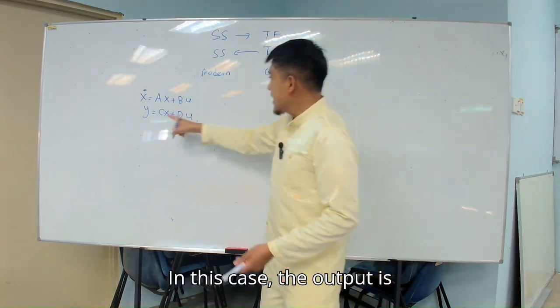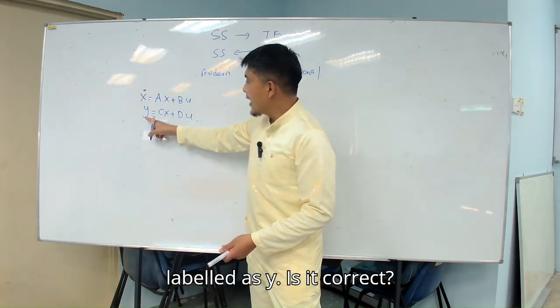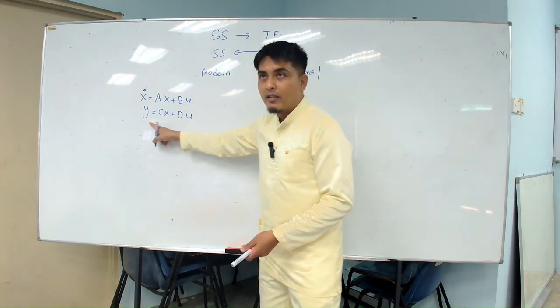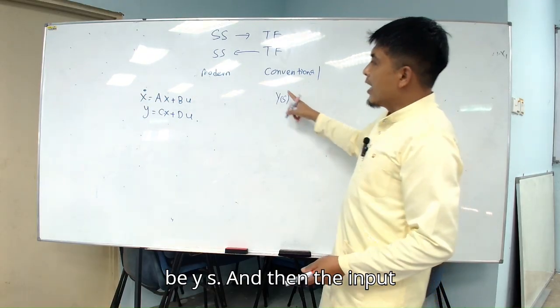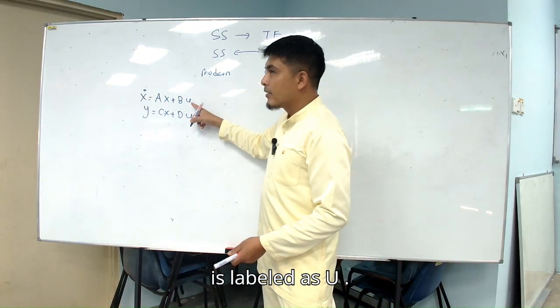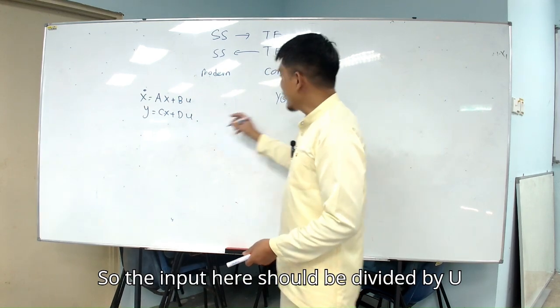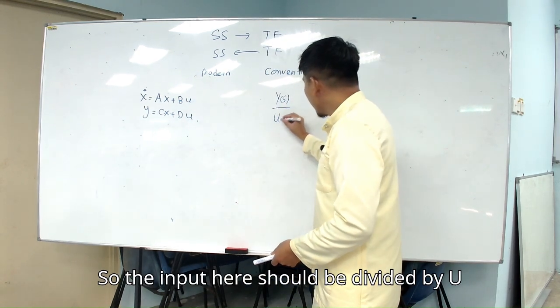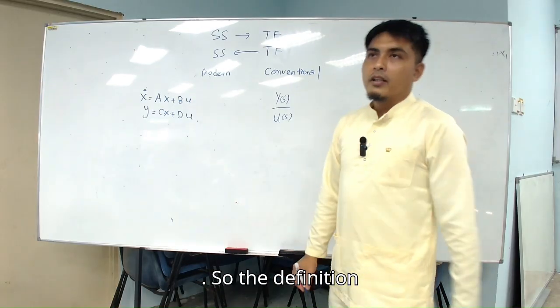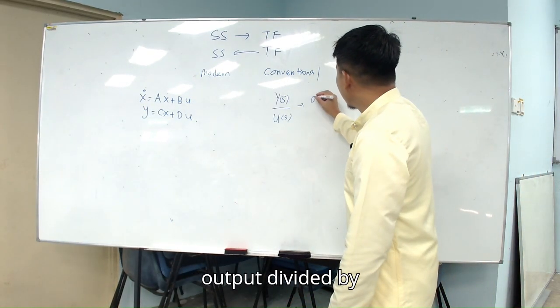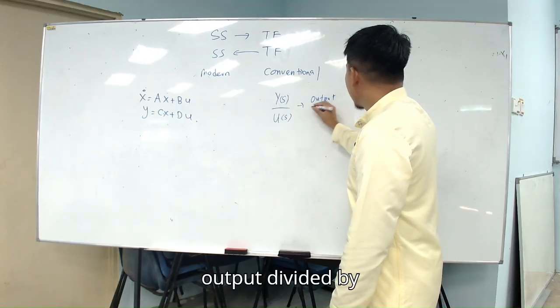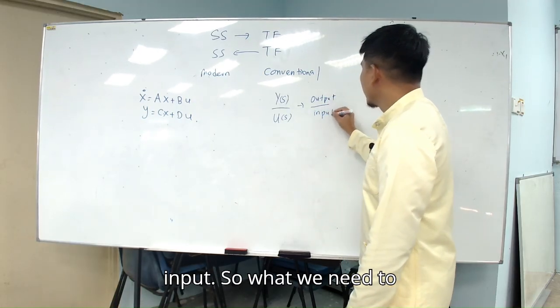In this case, the output is labeled as y, so that's why the transfer function will be Y(s). And then the input is labeled as U, so the input here should be divided by U(s). So the definition of transfer function is output divided by input.